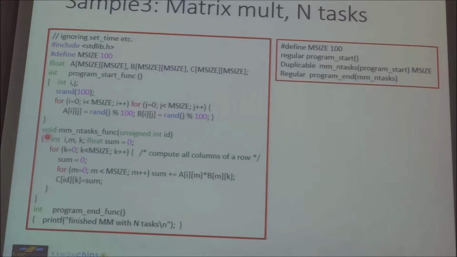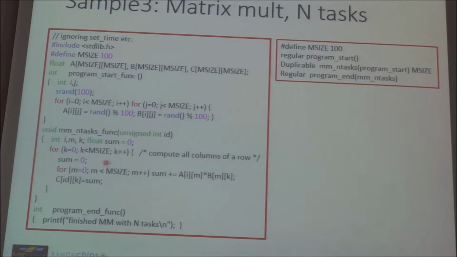And now the duplicable is called mm_n tasks in honor of the special thing in this example. I have one loop here for k. K is the column number for the same row.